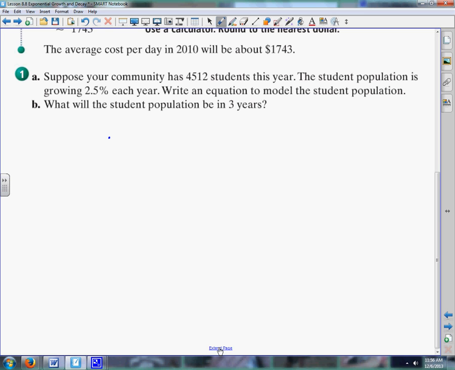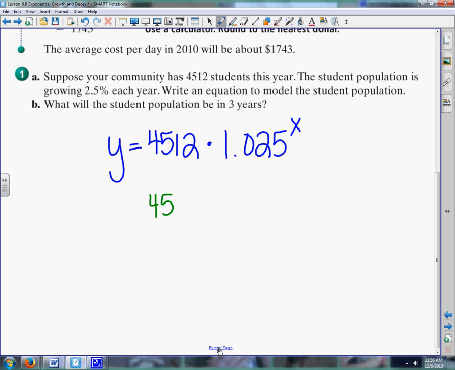Okay, so my equation is y equals 4,512 times 1.025 to the x power. So that's my equation. And what I'm going to do to solve it is I'm going to put 4,512 times 1.025 to the third power.